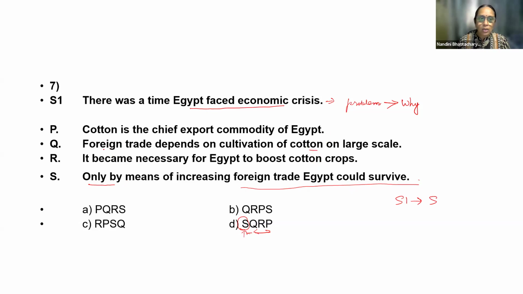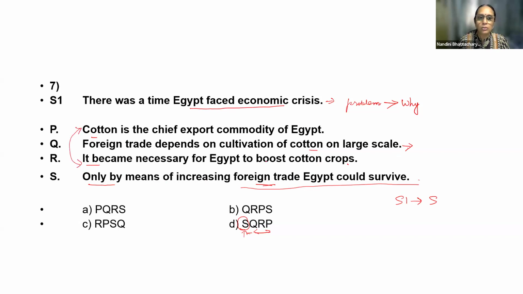Right? Now, "foreign trade depends on cultivation of cotton on a large scale." So this is connecting to foreign trade. Now, "cotton is the chief export commodity, and it became necessary for Egypt to boost cotton crops." Which of these comes first?